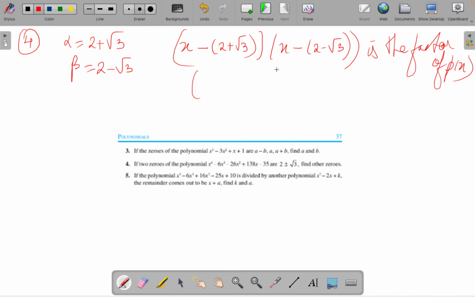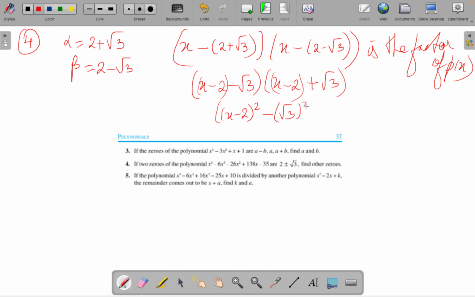So again, remember, just open x minus 2 minus root 3, x minus 2 plus root 3. Now if you see clearly, can I make it as an identity, a minus b, a plus b? So it is a square minus b square, children.